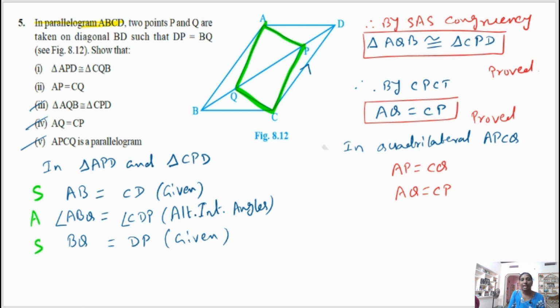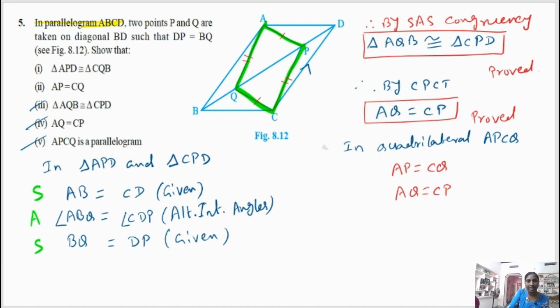So, actually AP and CQ are the opposite sides. See AP and CQ. So, here AP is equal to CQ. One pair of opposite sides is equal, and AQ is equal to CP. Another pair of opposite sides is equal. It means both the pairs are equal.